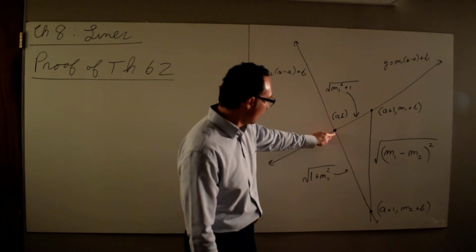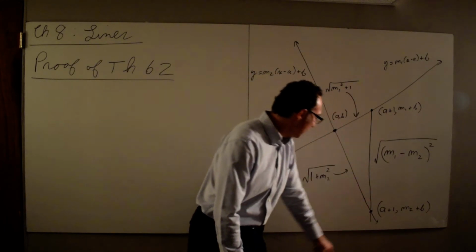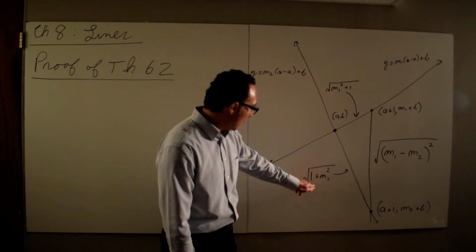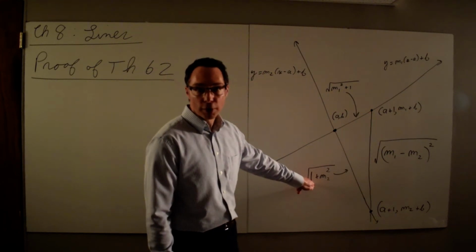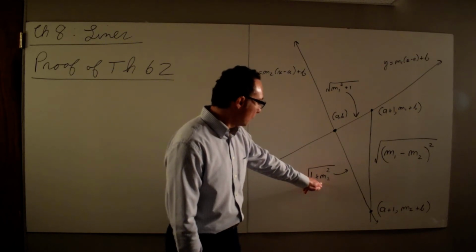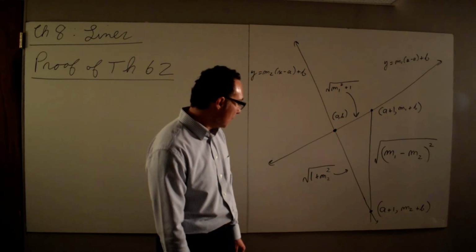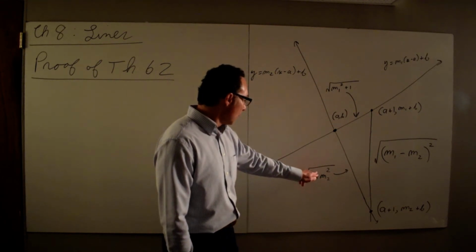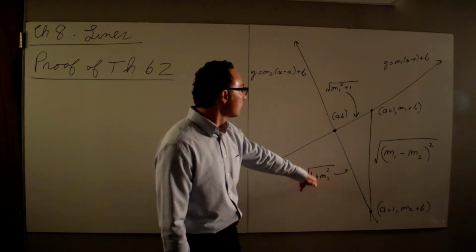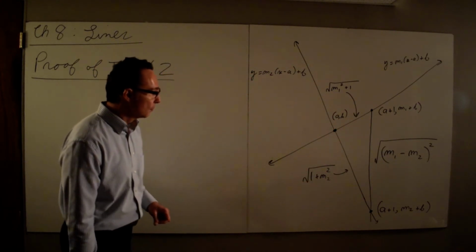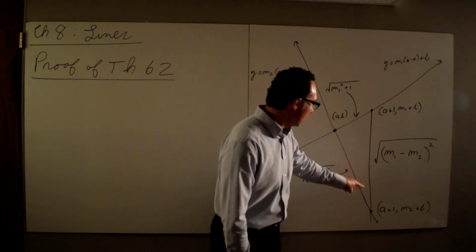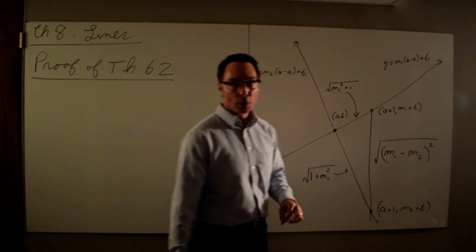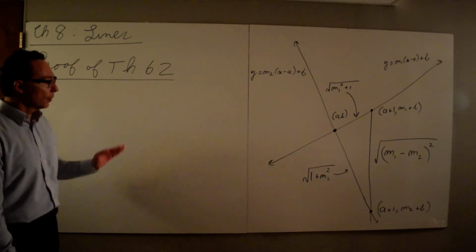Likewise, when we go from the point (a, b) down to this point, we use the distance formula. We have a plus 1 minus a squared, so we have 1 squared. Then we have m2 plus b minus b squared, so we have m2 squared. And then we take the square root of the sum, just like we did here. This side is going to be the square root of (m1 minus m2) quantity squared. That's where those came from.